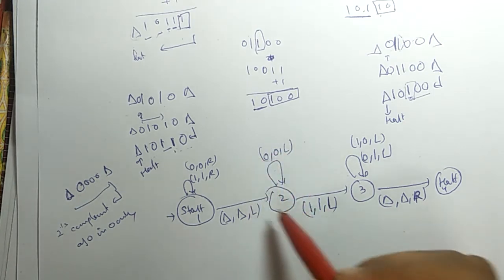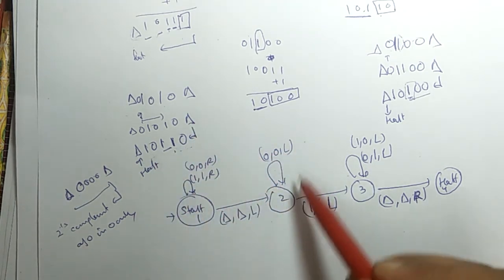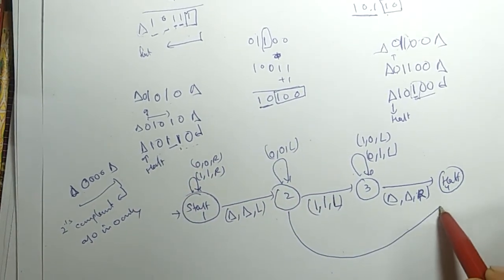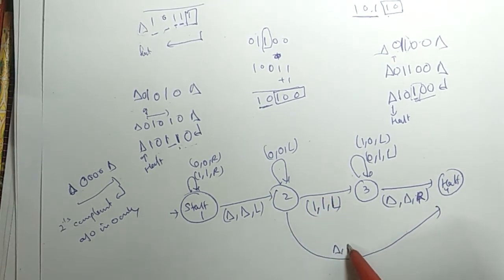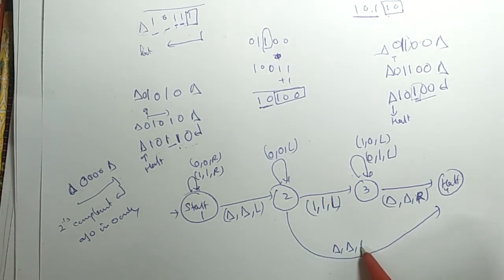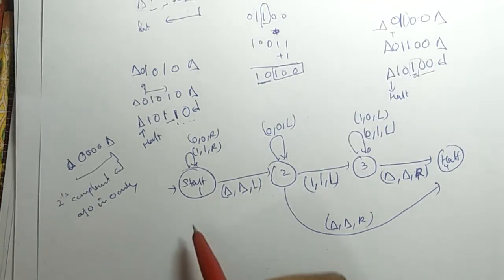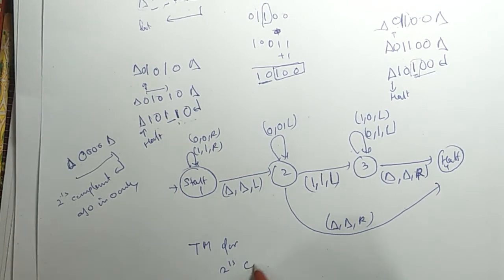So if you didn't find any 1 while coming from this corner, if you get 0 0 0 and reach this blank, it should also accept. If you didn't get any 1, here also you will reach the halt state. So this is the Turing machine for 2's complement.